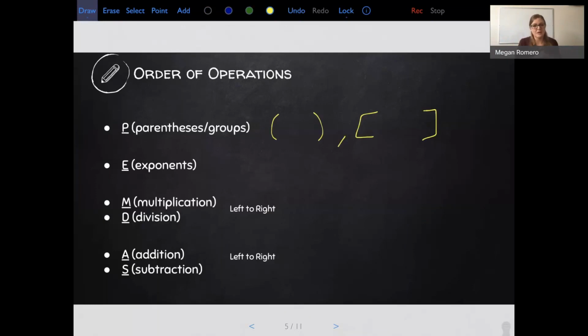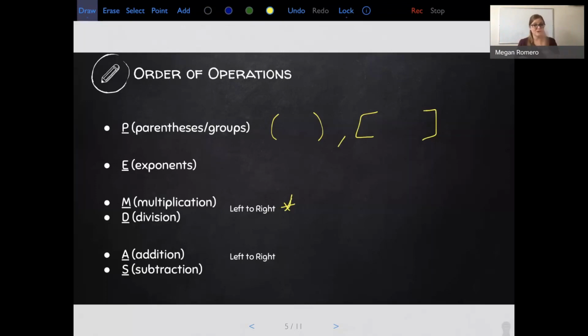Next is exponents, and we'll talk a little bit more about exponents on the next slide, just as a refresher. Once you've done parentheses or groups and exponents, then you go to multiplication and division. The way that you do multiplication and division is from left to right. If you've taken care of your parentheses and your exponents and you're moving on to multiplication and division, you don't necessarily do multiplication first.